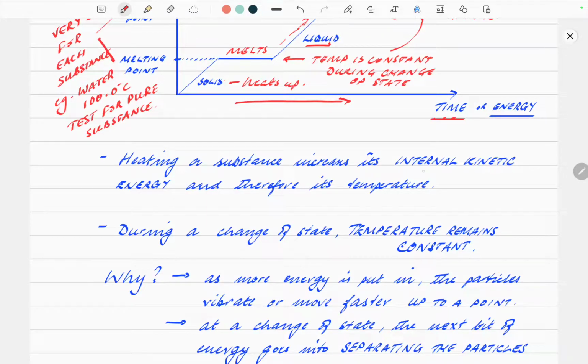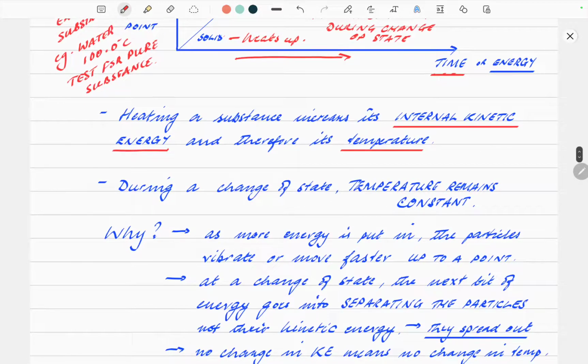Heating a substance increases its internal kinetic energy, all right? So the particles are moving around or vibrating, whichever the case is, more and more, all right? And that is why we get an increase in temperature. The more the particles either vibrate or the higher the velocity they have when they're moving around, flowing, the higher its temperature as we measure it.